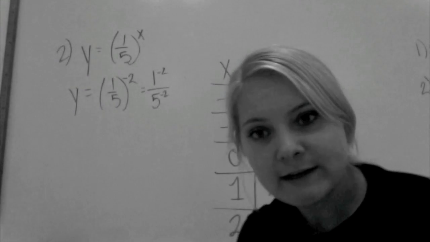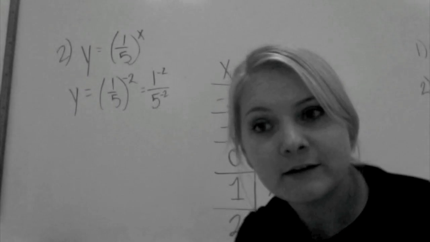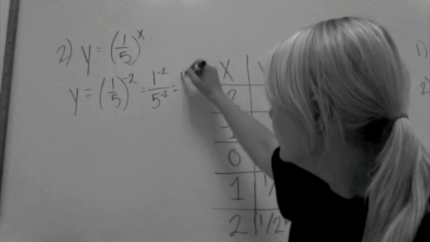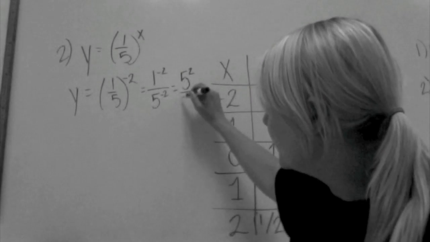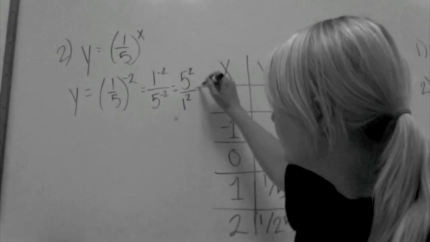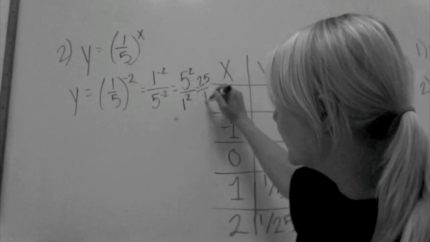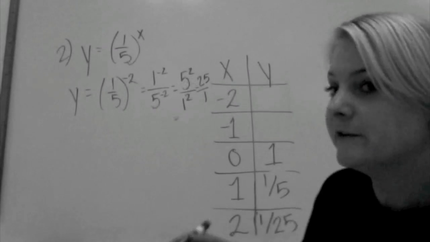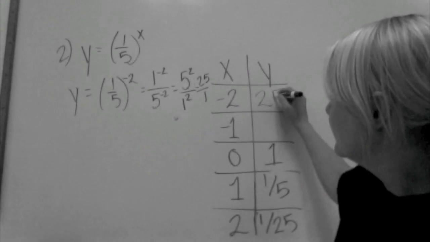Now, in using that definition of negative exponents that we looked at in example 1, we can rewrite this expression as 5 squared over 1 squared, which 5 squared is 25. 1 squared is 1. So when x is negative 2, our y value is going to be 25.